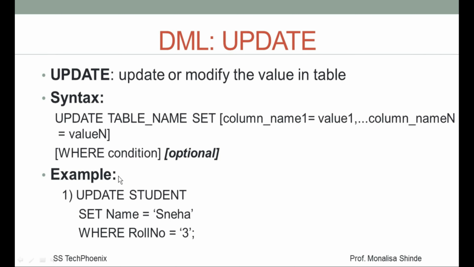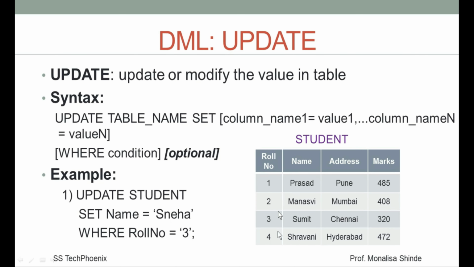Consider the first example. Consider this is the table available in the database. Update student. I want to change data in the student table, so this is the table name. Then we have to write set, and now the column name. Here we have to specify all the columns for which we need to change the value.